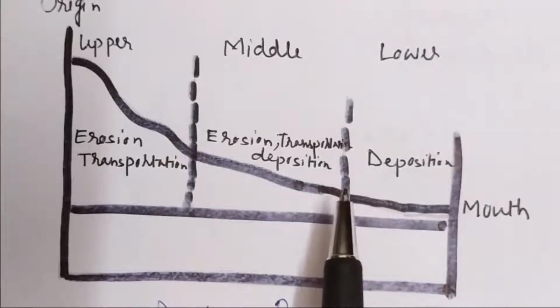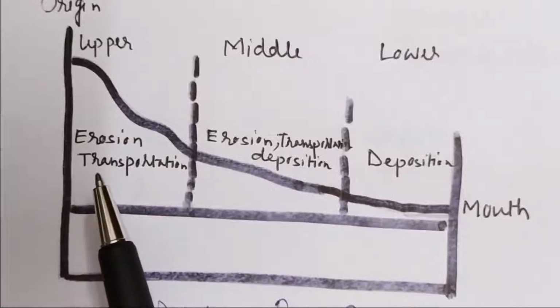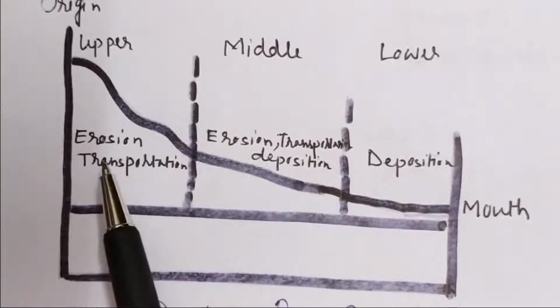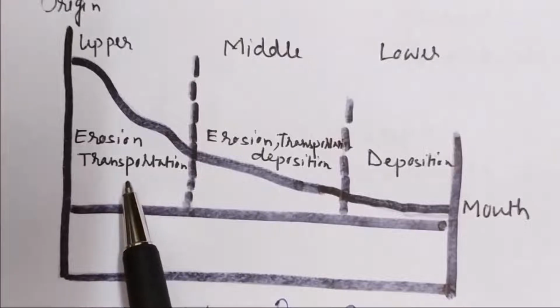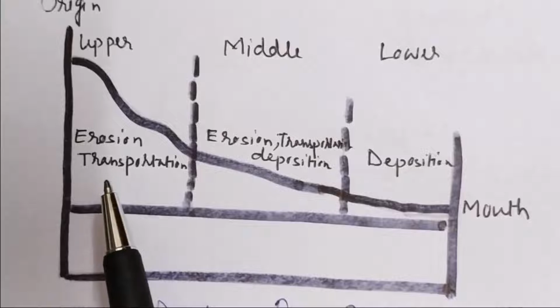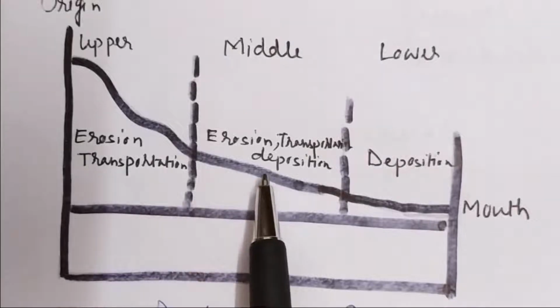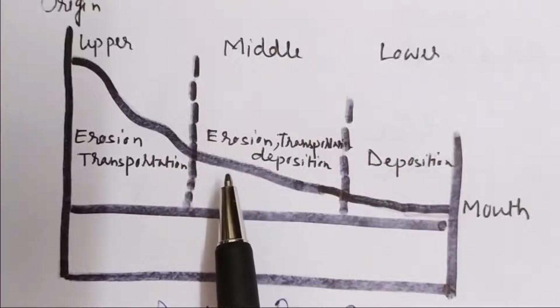We can see different types of landforms and different types of work on the basis of the courses. First, in the upper course, we can see erosion and transportation work, and remember, the landform is mainly the waterfall. In the middle or mature course, the work is mainly erosion, deposition and transportation, and landforms like meander and oxbow lake.